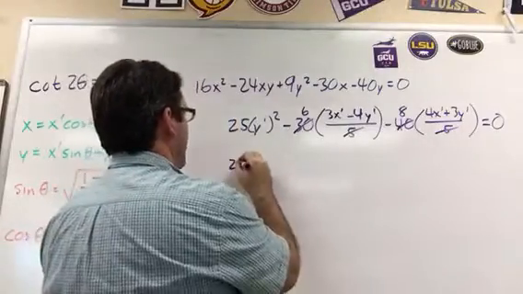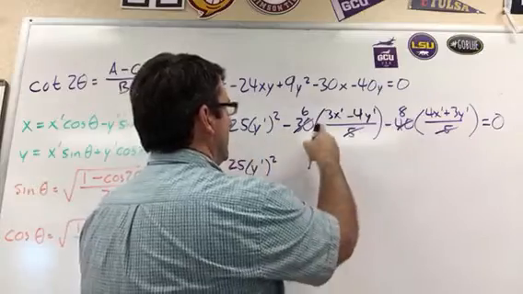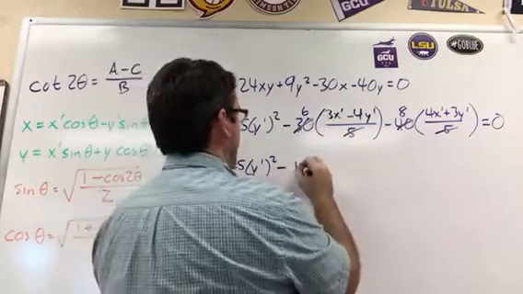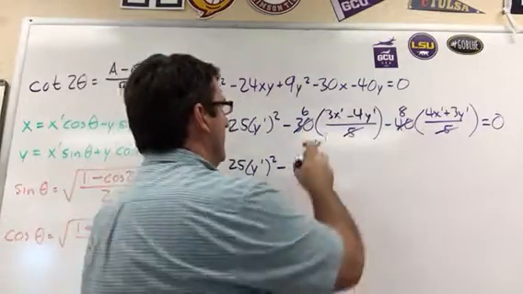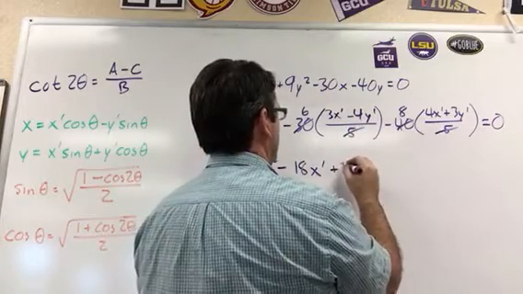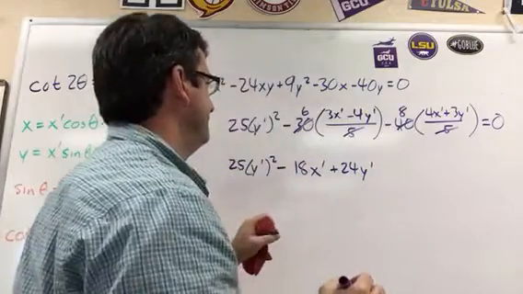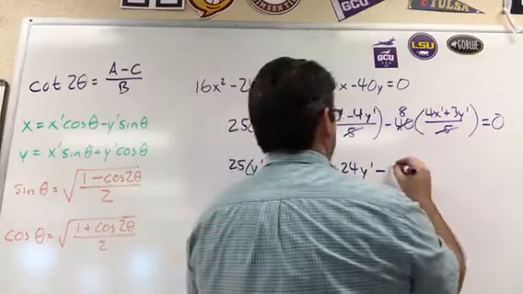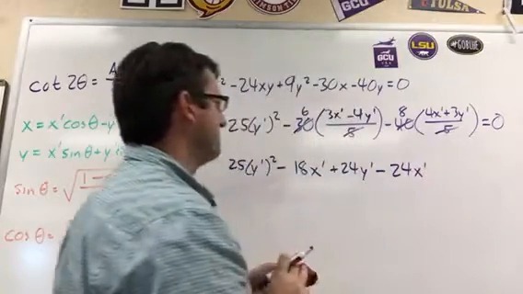So we get 25 y' squared minus 6 times 3 is 18x'. Negative 6 times negative 4y' is positive 24y'. Minus 8 times 4 is 24x'.